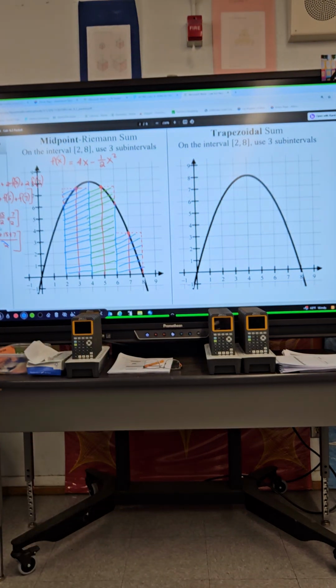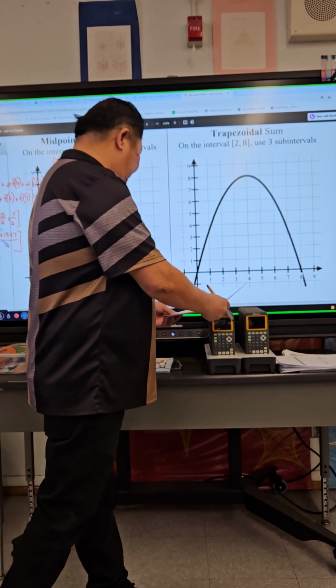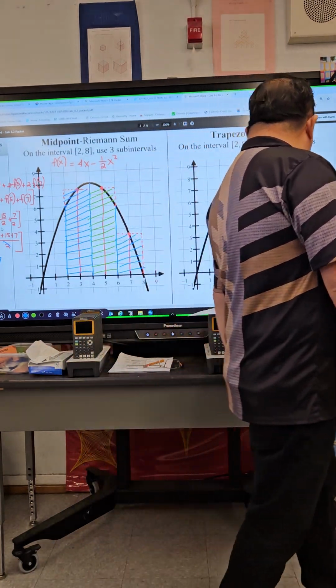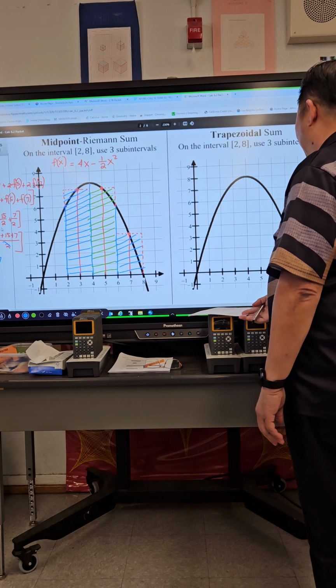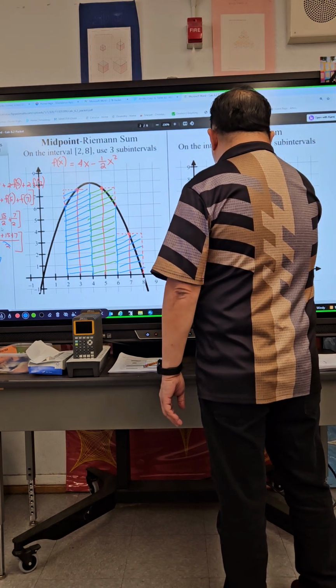Again, base 1 plus base 2 over 2 times the height. Okay. Now, we have the interval 2 to 8, use 3 sub-intervals. So 3 sub-intervals. We have this particular interval.